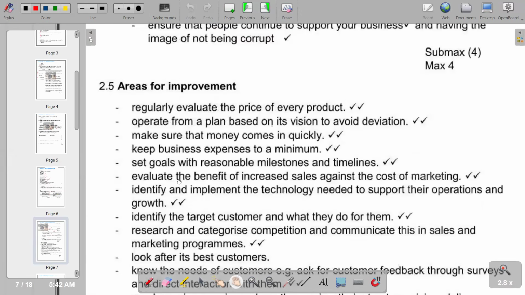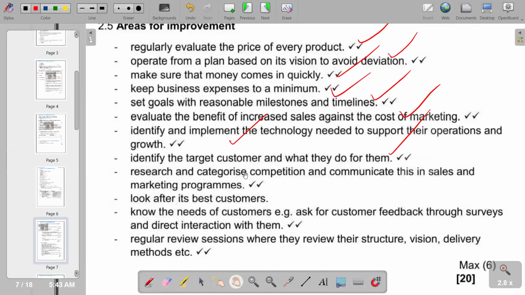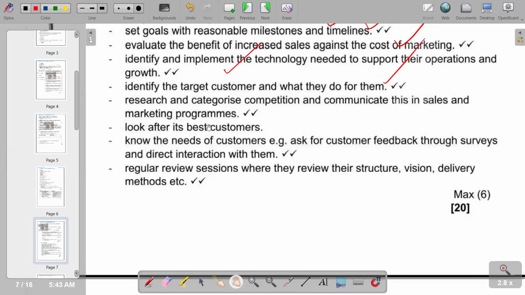So areas of improvement are: regularly evaluate the price of every product, operate from a plan based on its vision to avoid deviation, make sure that the money comes in quickly, keep business expenses to a minimum, set goals with reasonable milestones and timelines, evaluate the benefit of increased sales against the cost of marketing, identify and implement the technology needed to support their operations and growth, identify the target customer and what they do for them. So these are the areas for improvement that we have, which has a maximum of 6 marks. Obviously, any 3 points can lead you to get 6 marks.